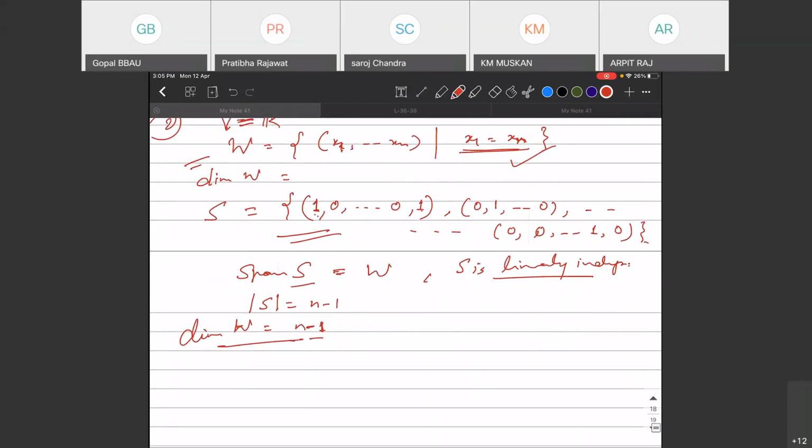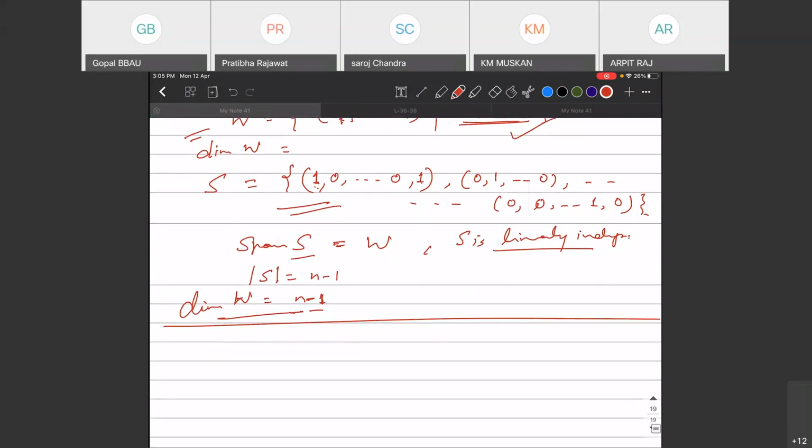Suppose we have r equations, a system of r homogeneous equations in n variables, and r is strictly less than n.